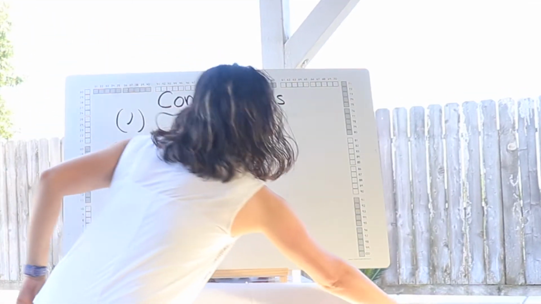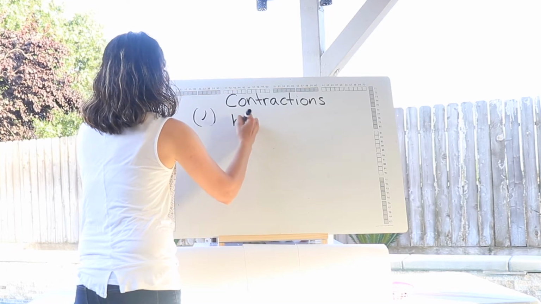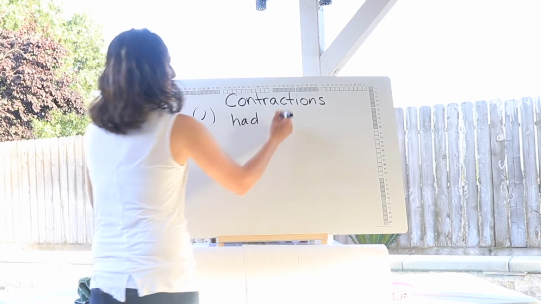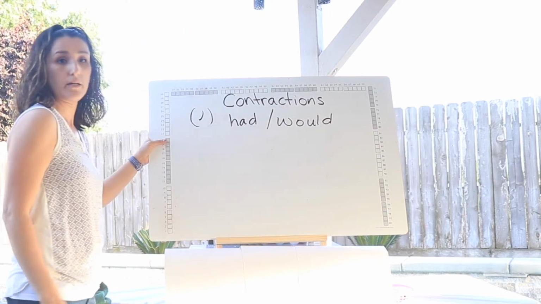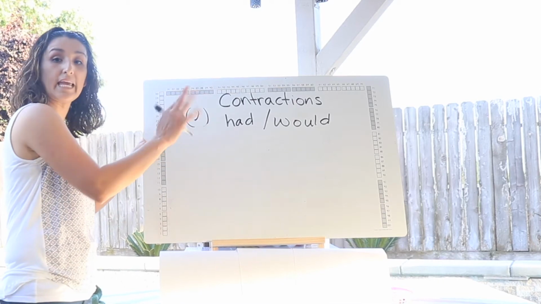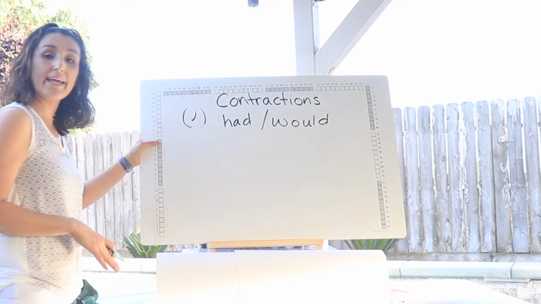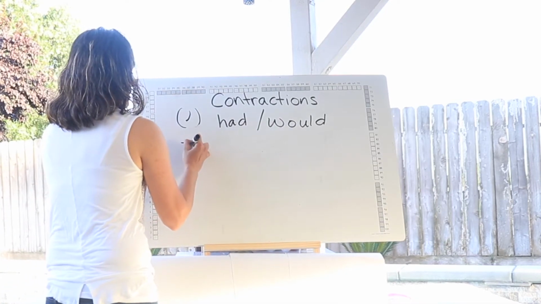So let's try some with a different word. The word had or would. Okay, so these ones are a little bit different, so you can use it either way. So you can say, I had a puppy.